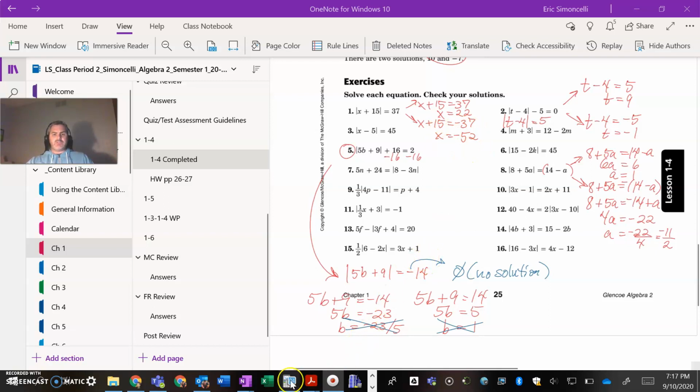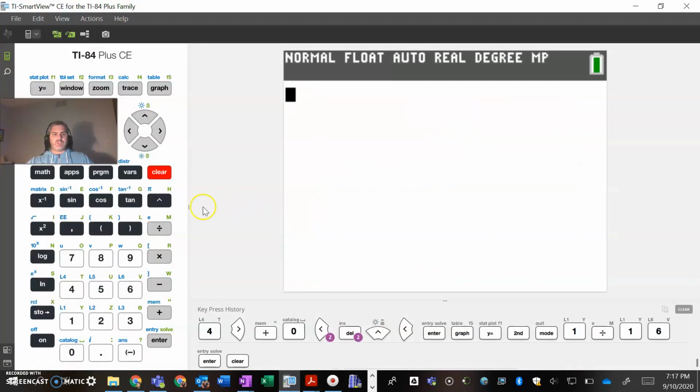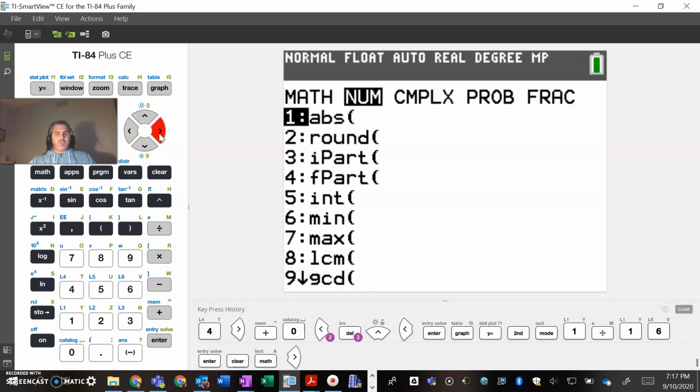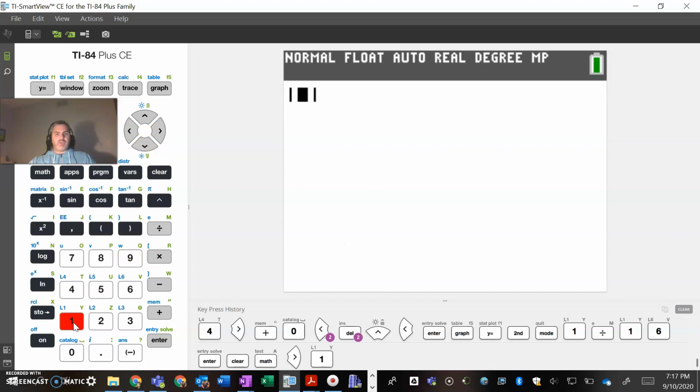To check our answer, I'm going to be quicker on this particular question, and I'm going to use the calculator feature: if you hit the math button and then go to numbers, you have the ability to type in the absolute value.